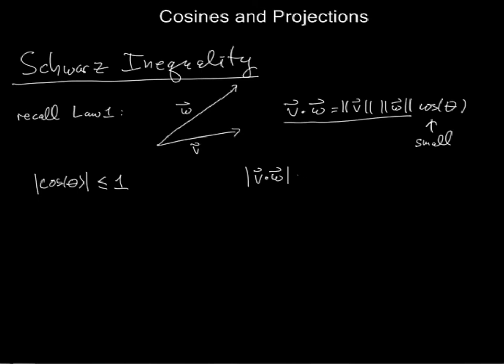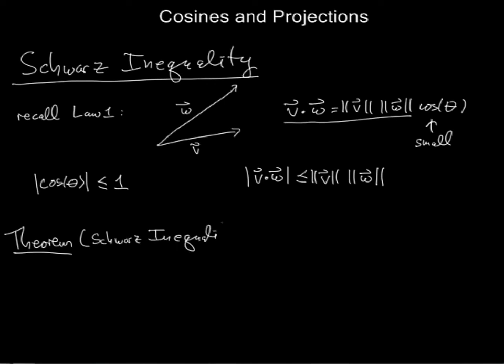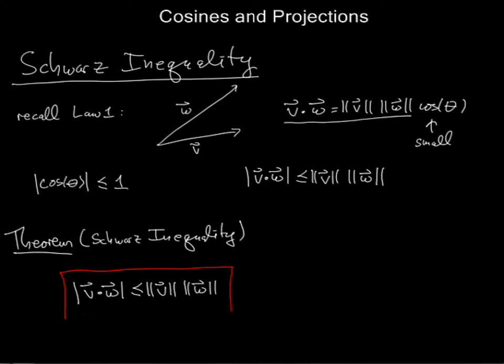To be precise, if you take the absolute value of both sides of this, you get this inequality. The cosine gives you a number less than 1, so the Schwarz inequality says that the absolute value of the dot product v dot w is less than or equal to the length of v times the length of w.